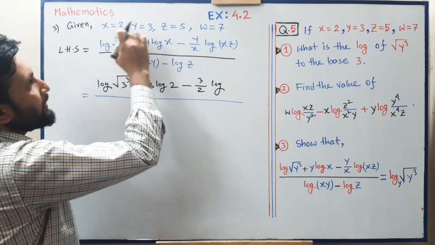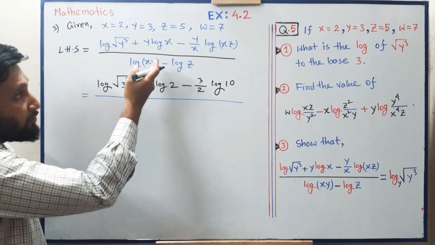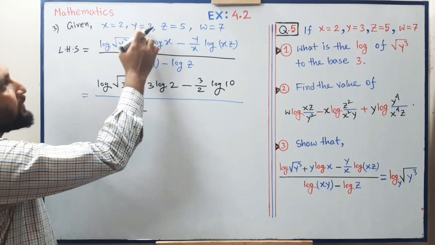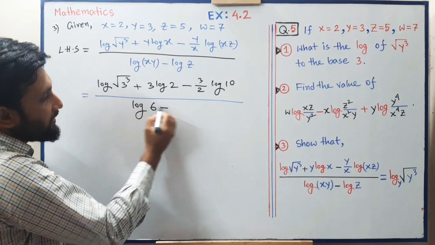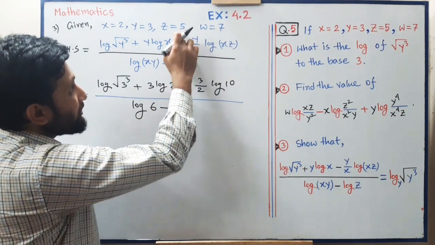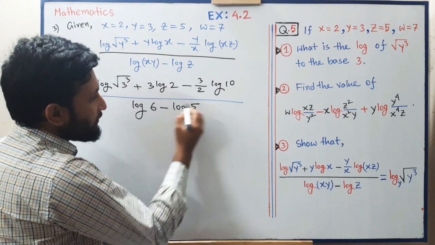So x is 2 and z is 5, 2 into 5 means 10. Now the denominator log x into y. So x is 2, y is 3, 2 into 3 means 6, and then minus log z. The value of z is 5, so log 5.